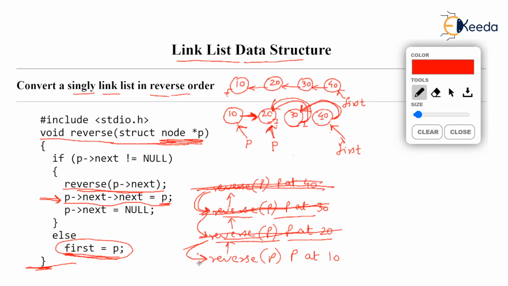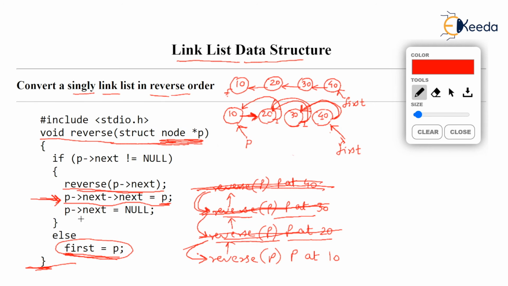Very interesting, isn't it? Reversal of a singly linked list. So now, when we are back at reverse 10, where P is at 10, it will resume from the line P arrow next equal to P. You very well understand P arrow next is next of 20. And next of 20 is now pointing at 10, where P is pointing.